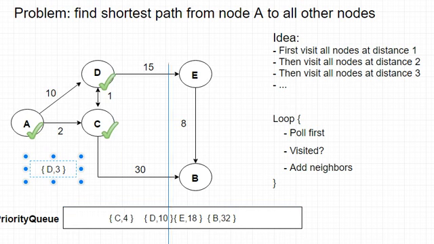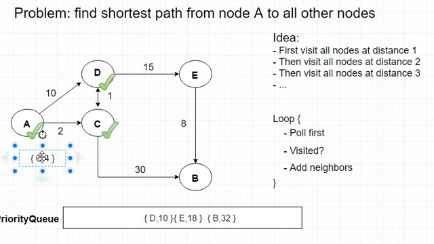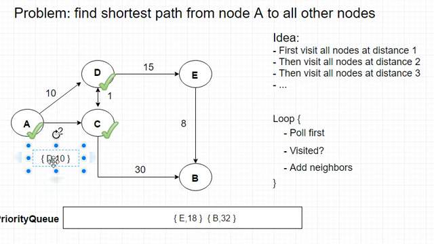Now we are done with D. So we will pull the first item from the queue. Have we visited C before? Yes, we have, so we will do nothing. We will pull the first item from the queue. Have we visited D? Yes, we have, so we will do nothing.